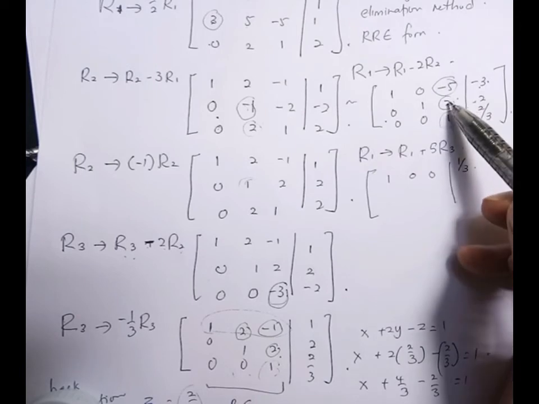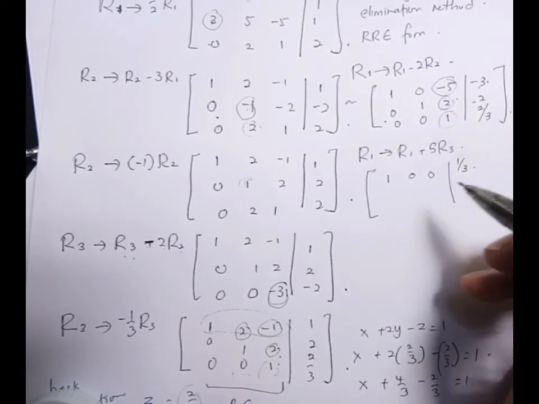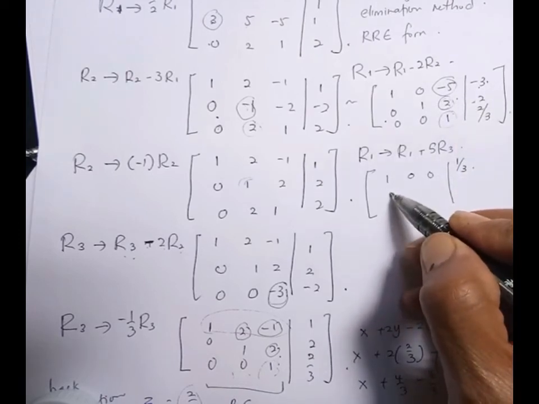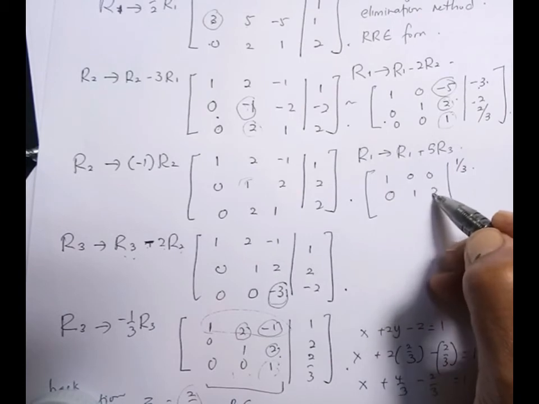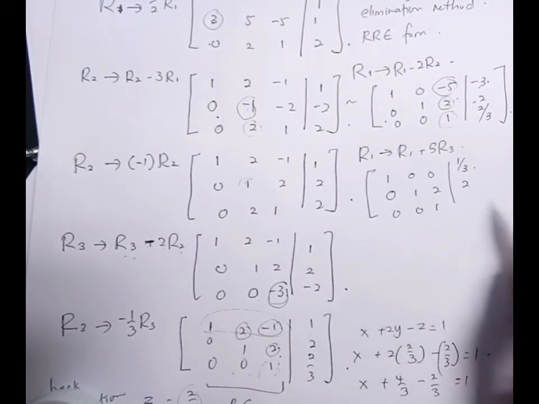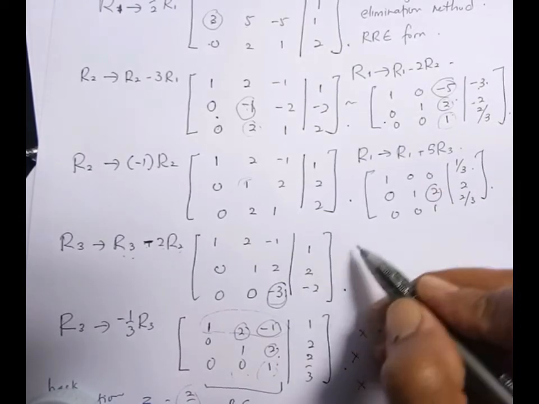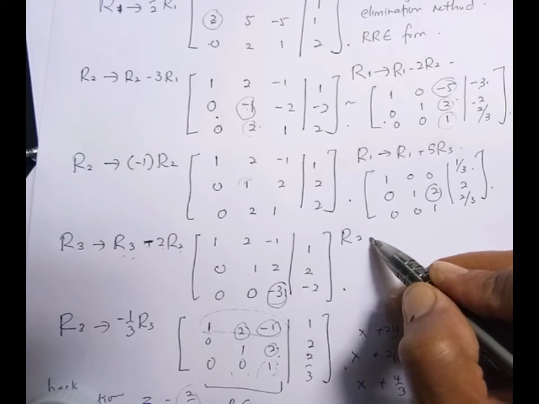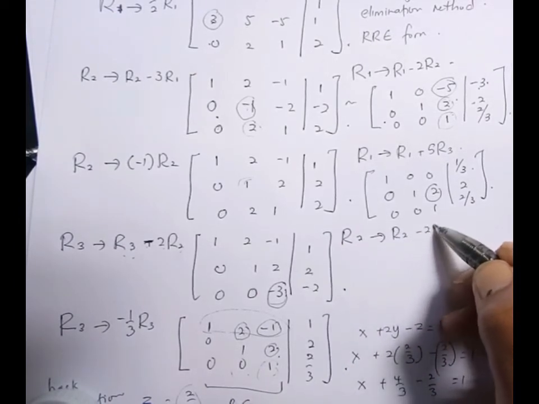Next, make this one 0. We write again 0, 1, 2, and 2, 0, 0, 1. You can do this at the same time. 2 over 3. Now row 2 is row 2 minus 2 row 3.